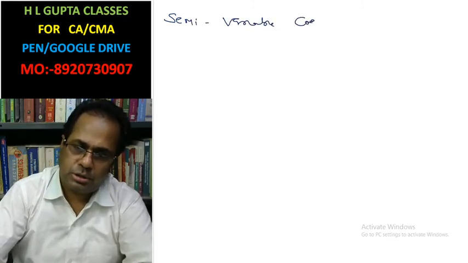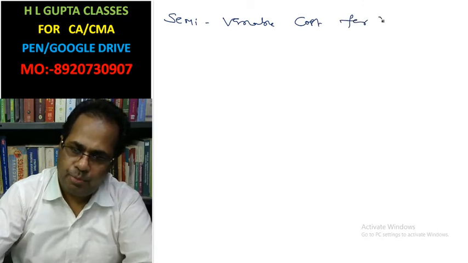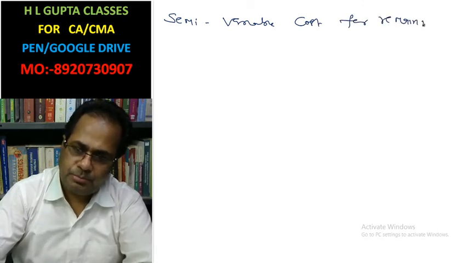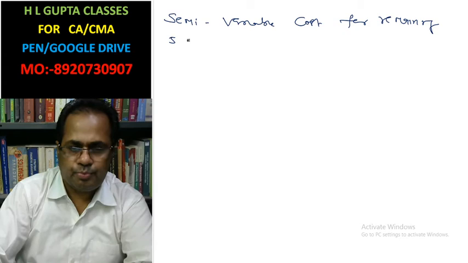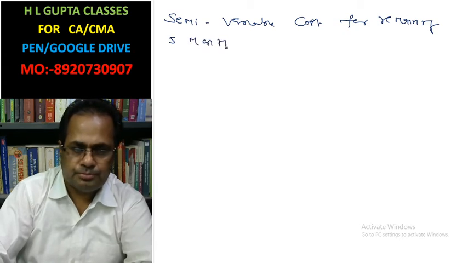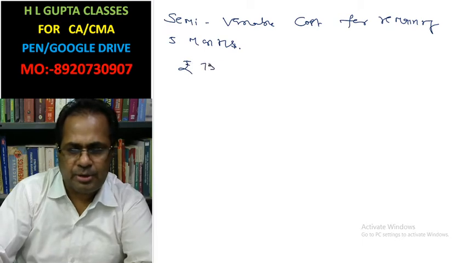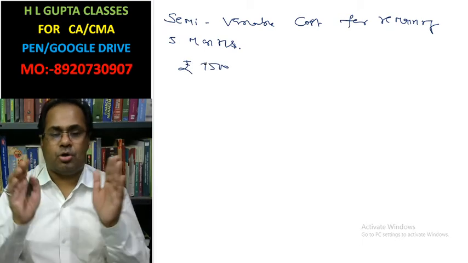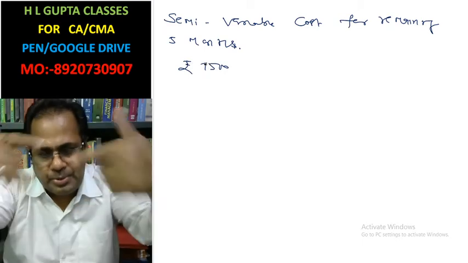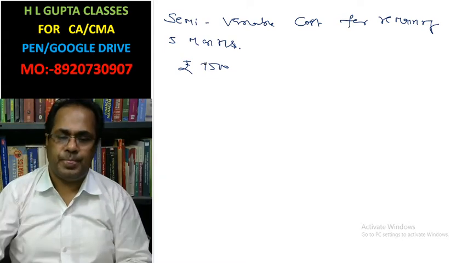In this question, rupees 7,500 per month is the semi-variable cost up to 50% capacity.